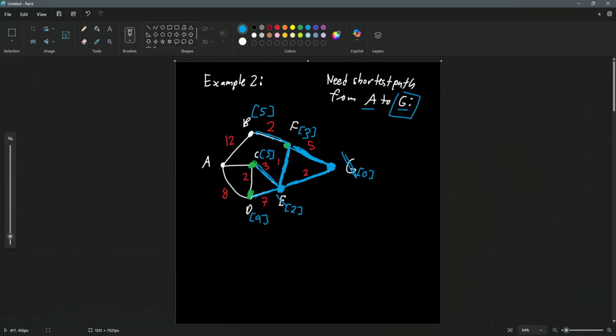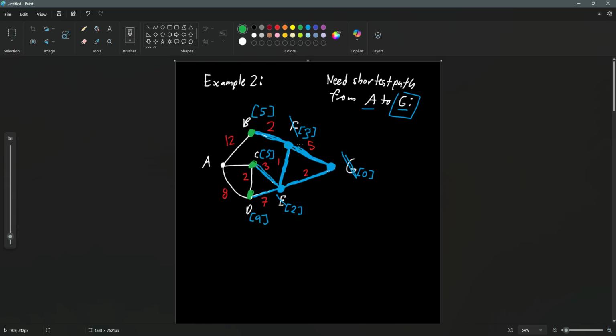We're done talking about this fella, so we're going to mark this edge. By doing that, we see that we've marked all the edges that F's attached to, so we're going to call F visited. I'm going to label B with this green here because we've now just talked about it.